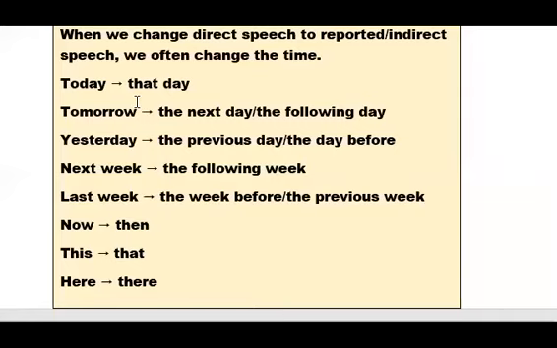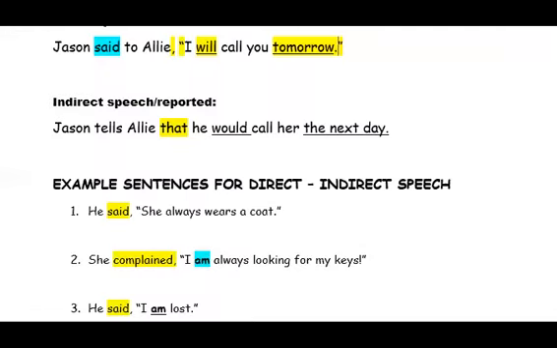This changes to that. Here changes to there, right? So bearing that in mind, we are going to change sentences, and whenever we see those words and we need to change it into the past tense, we will do so.